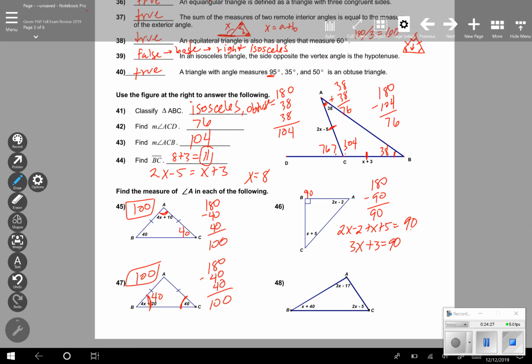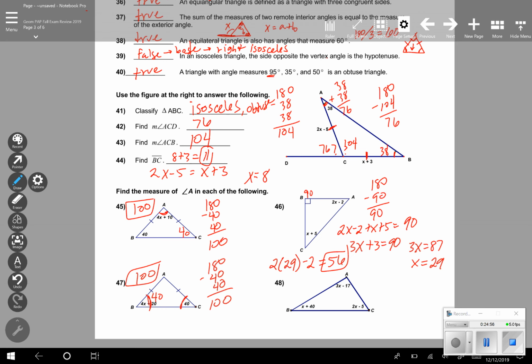Okay, take away 3, so you get 3x is equal to 87. And you divide by 3, and so you get x is 29. And then to find the measure of angle A, all you have to do is plug in. So 2 times 29 minus 2. 29 times 2 is 58, and 58 minus 2 is 56.